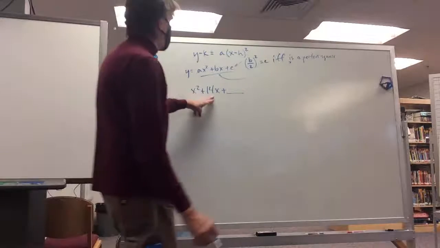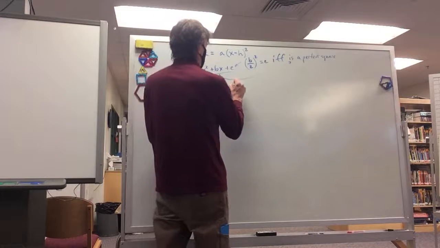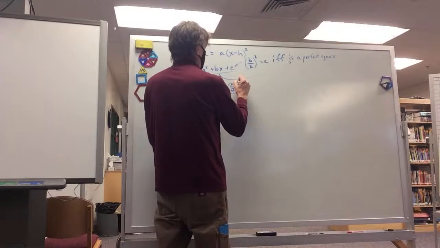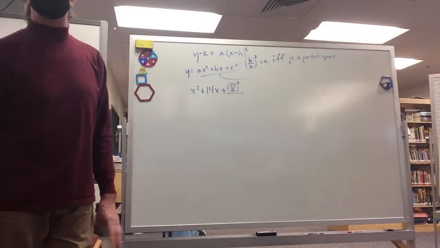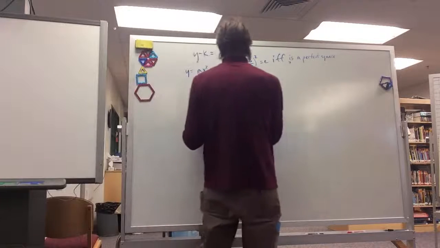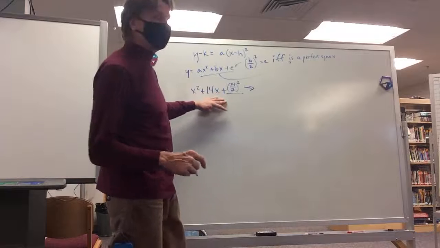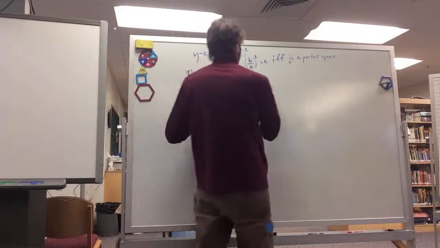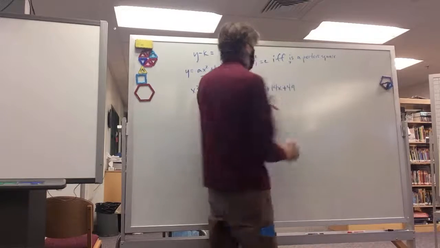So in this case, if this is b, we're going to take 14, divide it by 2, and square it. So that ends up being 49. If we add 49 to what was given, x squared plus 14x, that's a perfect square.